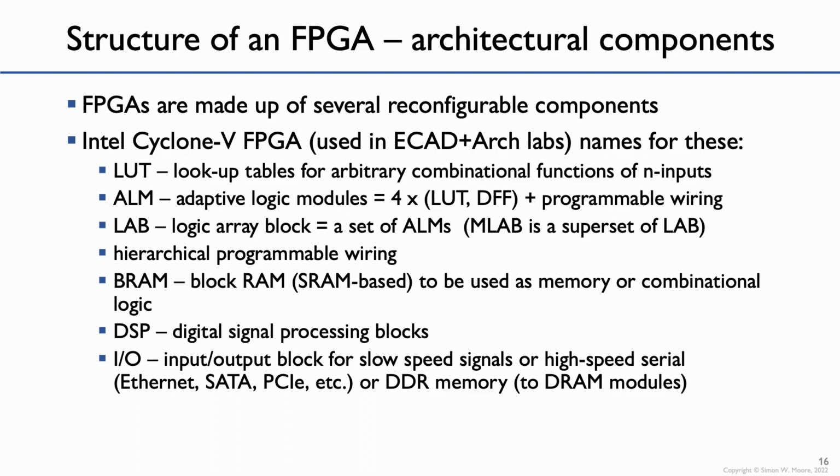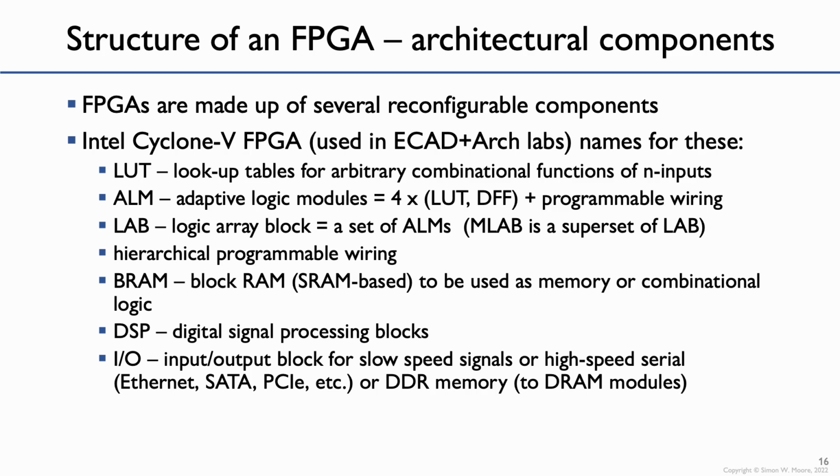You've got LUTs, or lookup tables, for arbitrary combinational functions of n inputs. You've got ALMs, which are adaptive logic modules, which are basically built up of LUTs and D flip-flops, plus some programmable wiring. And then at the next level in the hierarchy, you've got labs, which are logic array blocks, which are sets of ALMs. And there are also things called M-labs, which are supersets of labs.